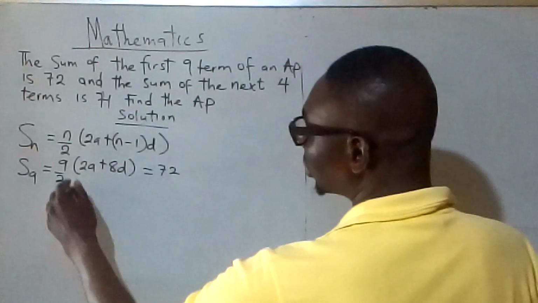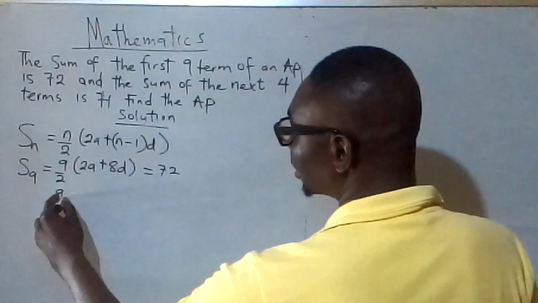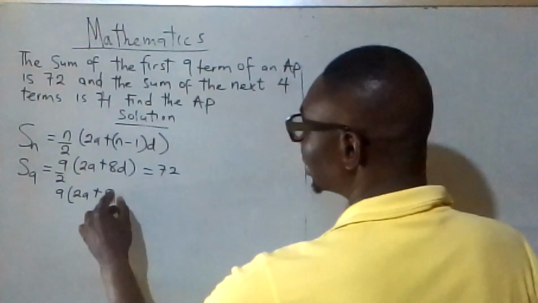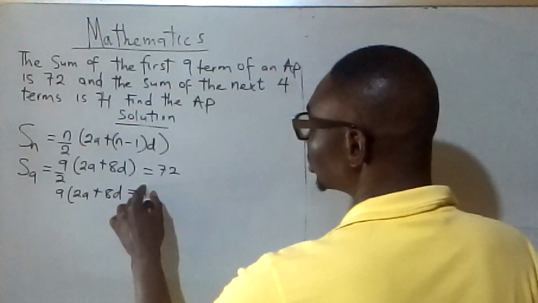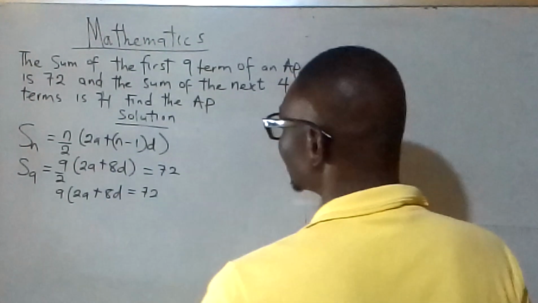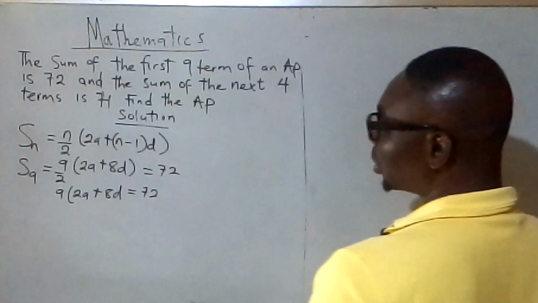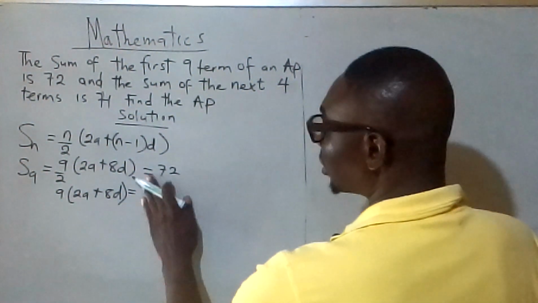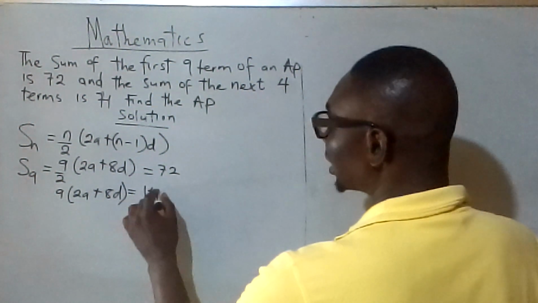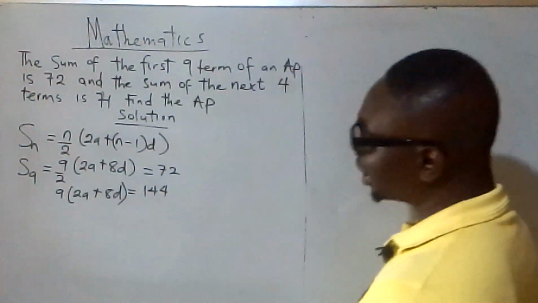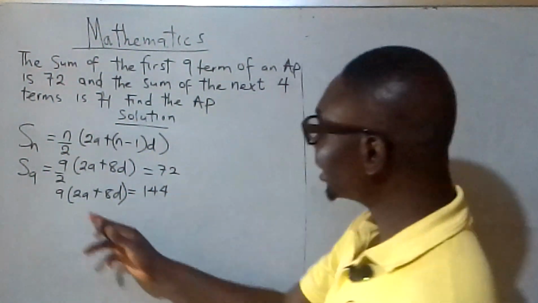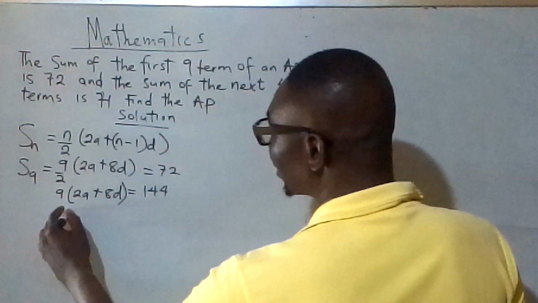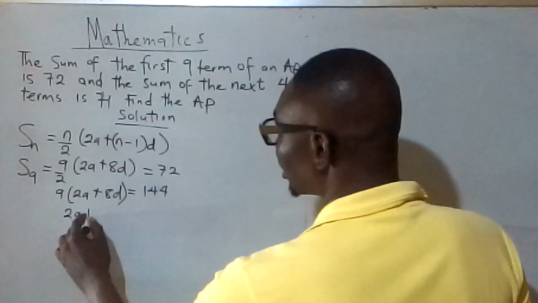So we now have 9 into (2a plus 8d) is equal to 72 times 2, which gives us 144. We can also simplify further by dividing all through by 9.